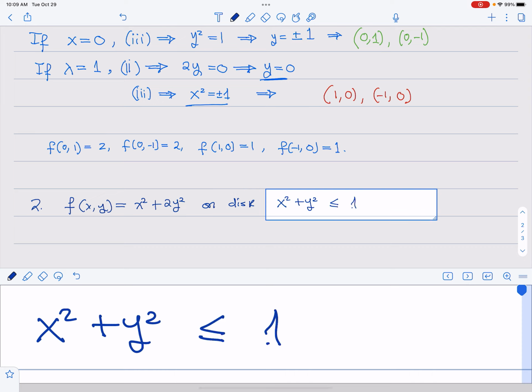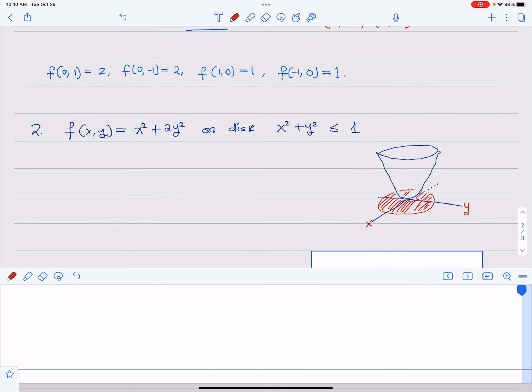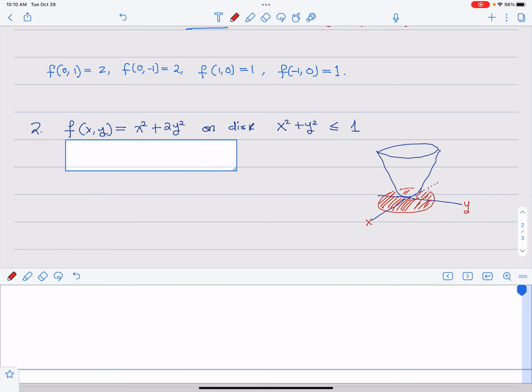Okay? So we have this same graph, but instead of just focusing on the circle, we are looking at everything inside the circle. Can we find a maximum and minimum value inside this disk, not just on the boundary of the disk?